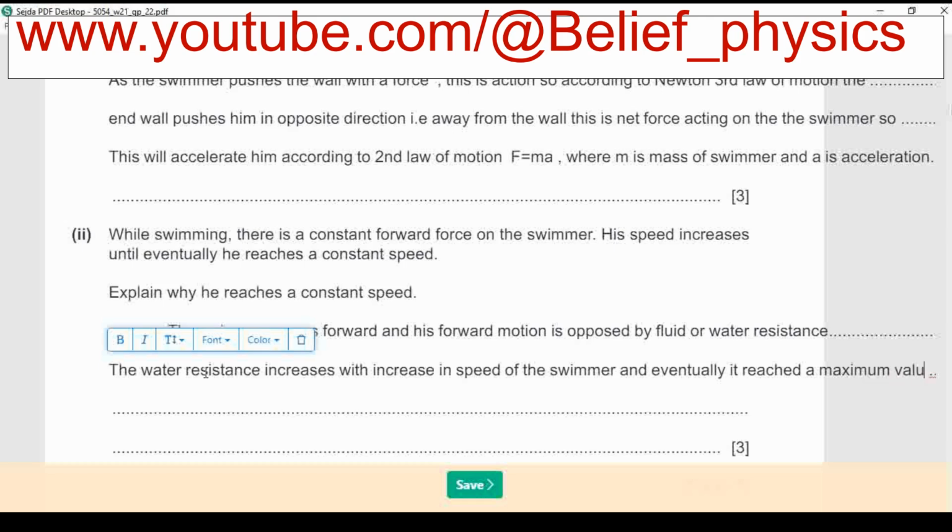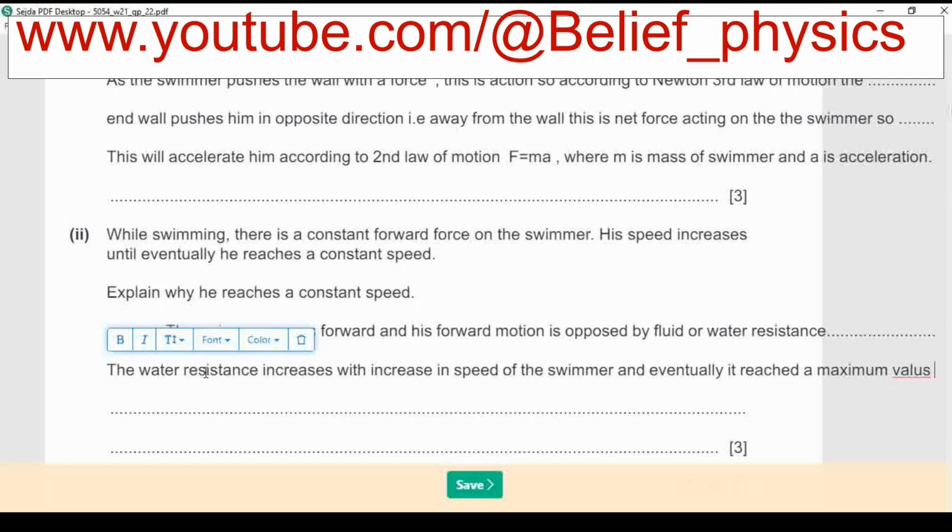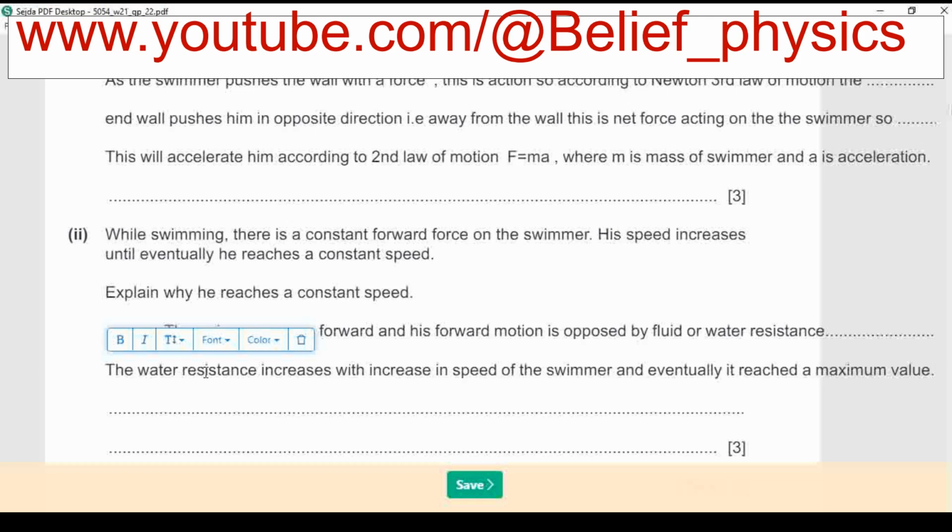What is the maximum value? The maximum value of the water resistance.